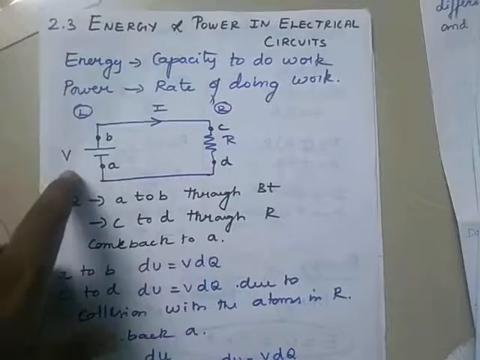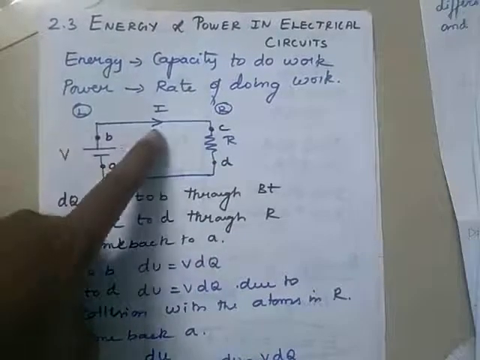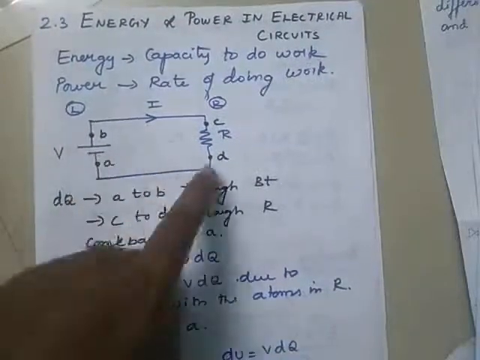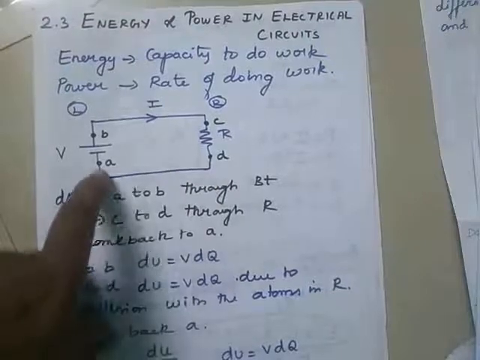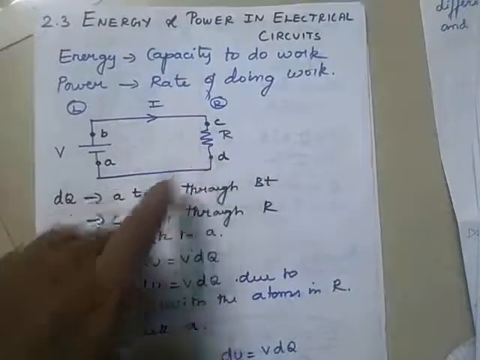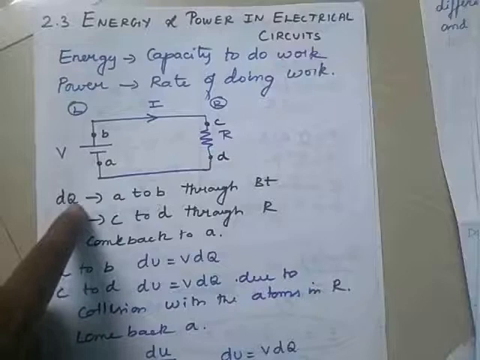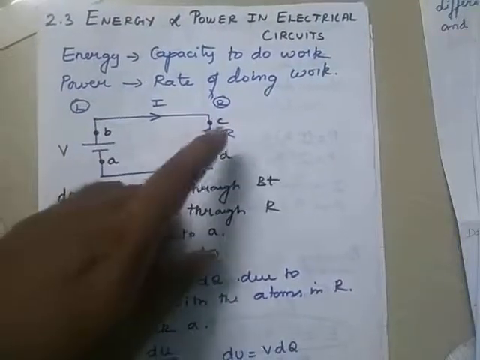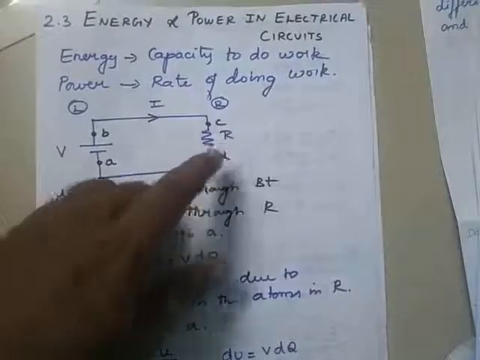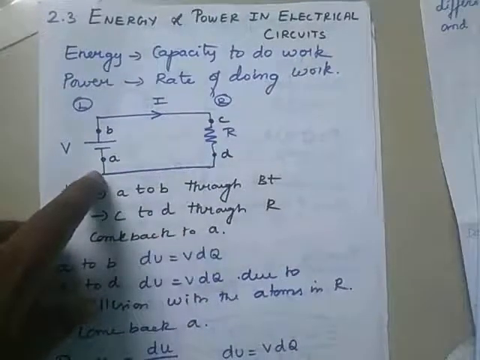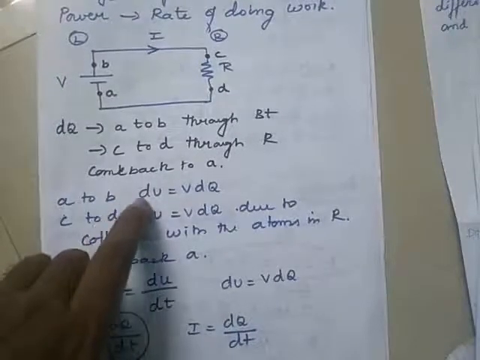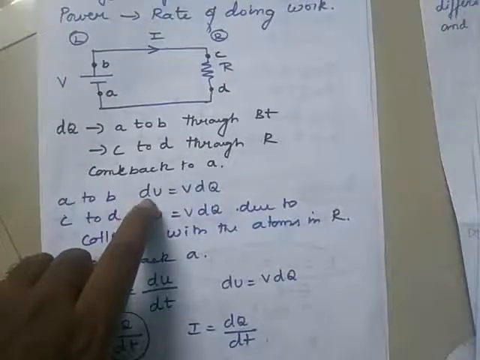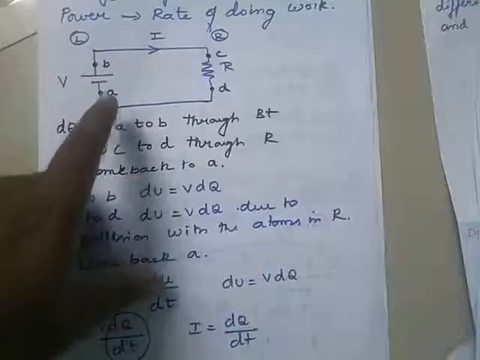Here this battery provides a potential difference, it is a closed circuit, so current flows from higher potential to lower potential. Here I consider 4 points A, B, C, D. Then we assume the positive charge dq moves from A to B through the battery, then moves from C to D through the resistor, and again comes back to A. During the movement from A to B, it gains some electric potential energy from the battery.